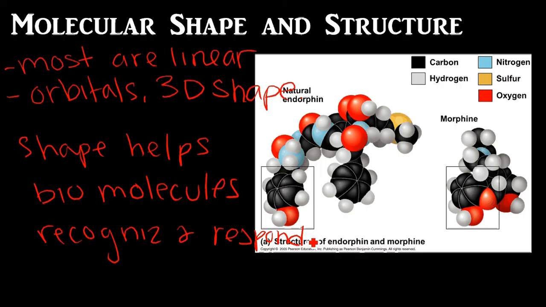Okay, so here's an example. This is natural endorphin. So we release endorphins, and those are the signals that make us happy, that kind of calm us down, make us feel good. Well, morphine has a very similar chemical structure on a part of it, as you can see here. So what happens is that these endorphins and morphine cannot be distinguished as different by the receptors in the brain.